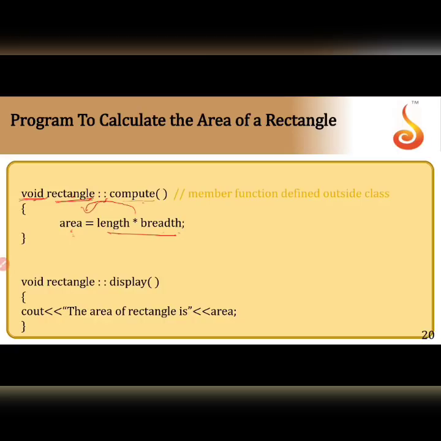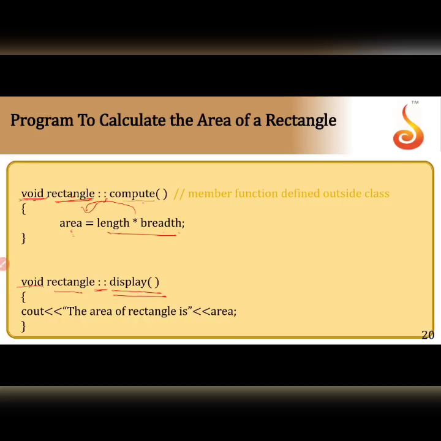So void rectangle display. Again I am not closing it with semicolon because it is not a class. Class I closed it that time only. So then display, the return type of display was void, that is return type of the function, name of the class to which it belongs to, which is rectangle, scope resolution operator and display is the name of the function.